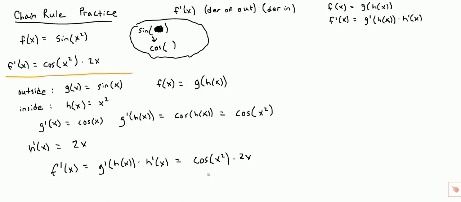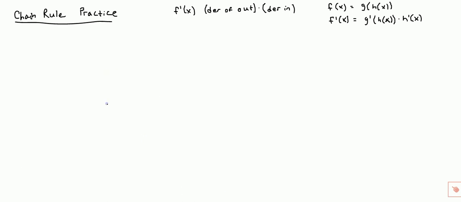One more example. Here we're going to have f of x equals e to the sine of x. Okay? So first method, what's the outside function? It's e, right? So we have e to the something. Cross that out.